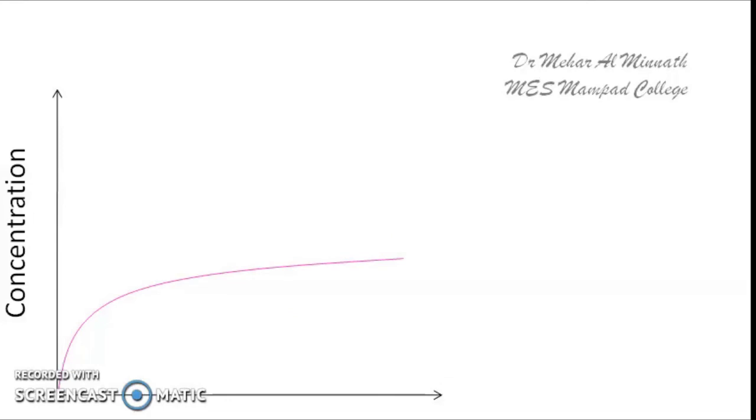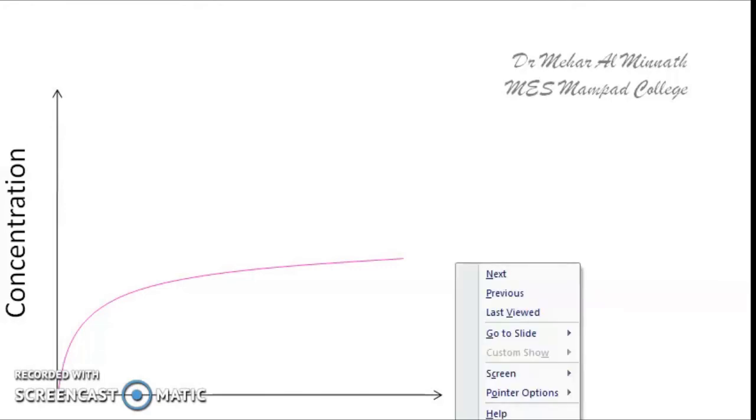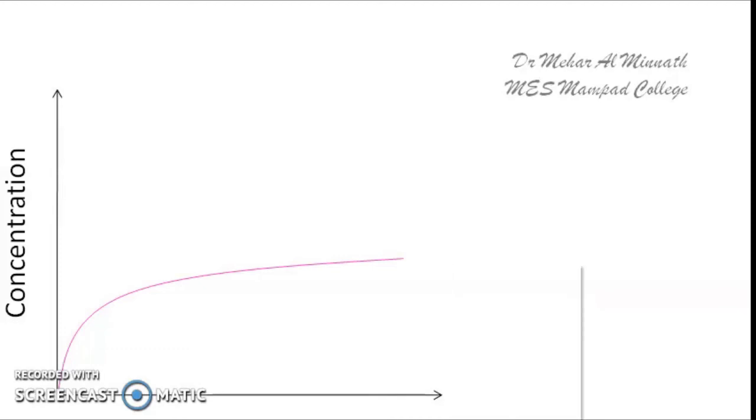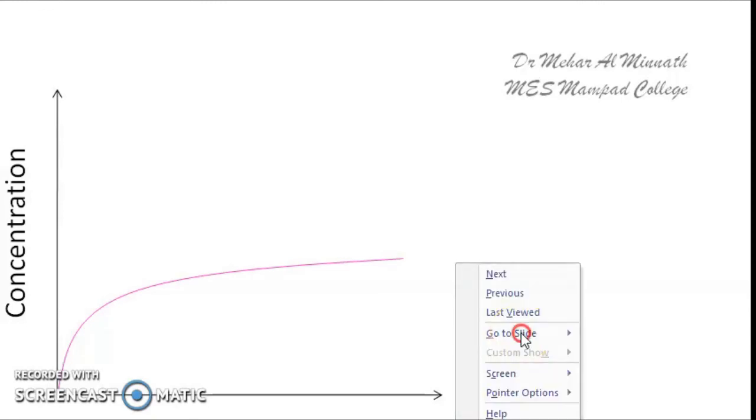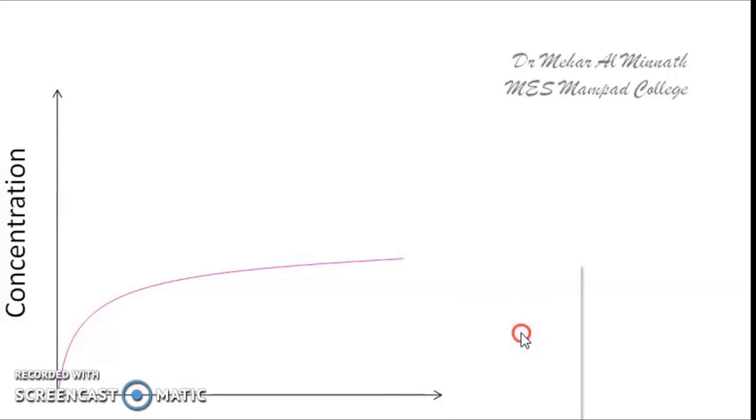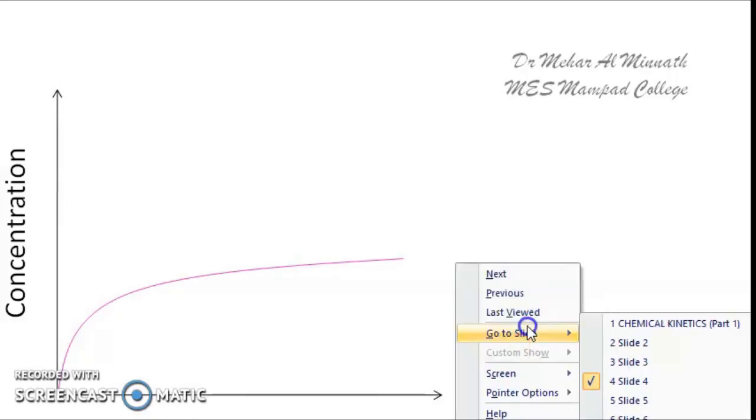So that means when the reaction proceeds, the rate of the reaction will not be the same throughout. Initially the rate will be fast, and towards the end the rate of the reaction will be slow. That's why we consider the average rate of a reaction.